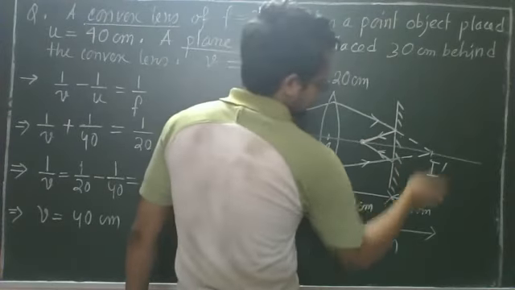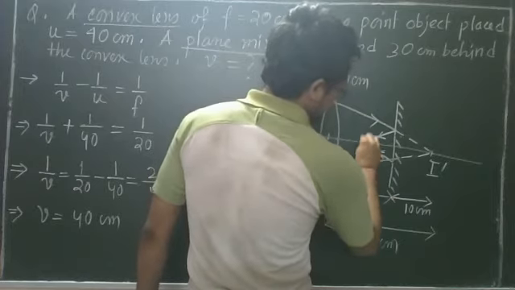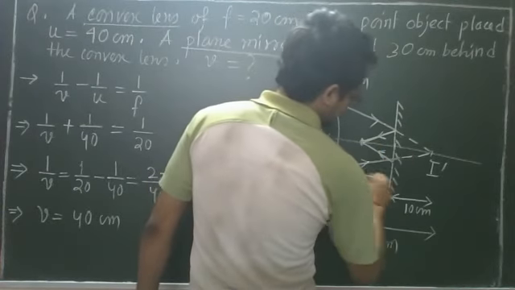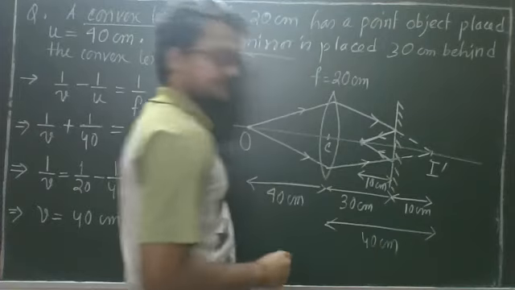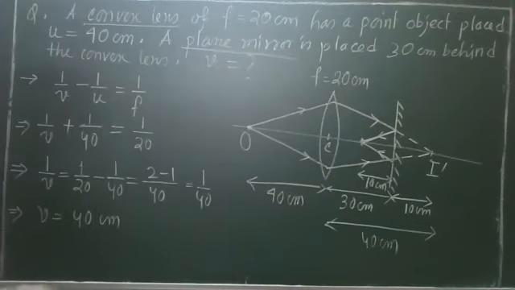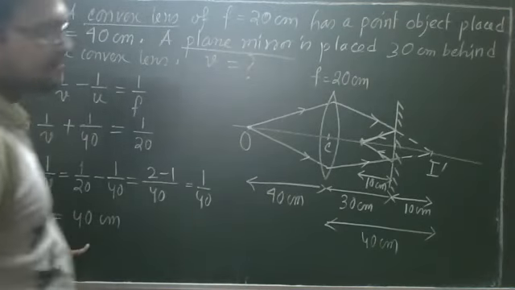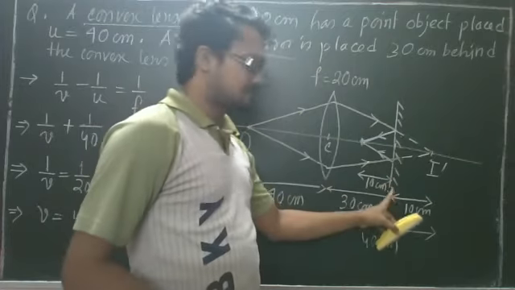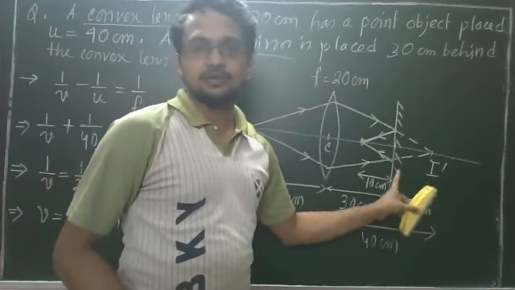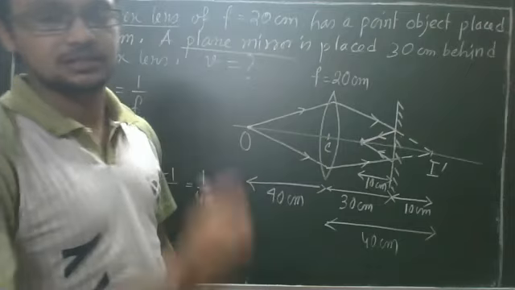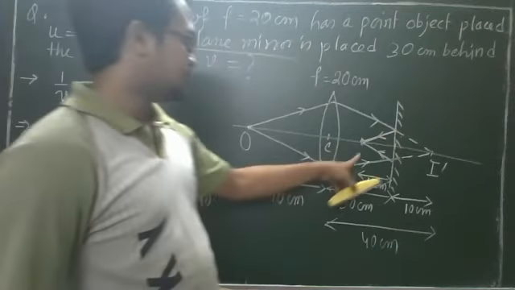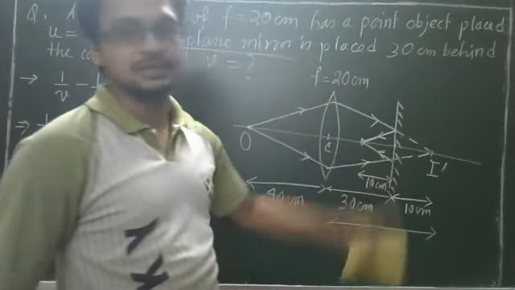So if this is 10, then this distance will also be 10 centimeter. So for the lens we will calculate, and after that when you place the mirror, no need to calculate anything, you have to understand and write the answer. Just 2-3 lines you will mention why we are taking this point as the image.